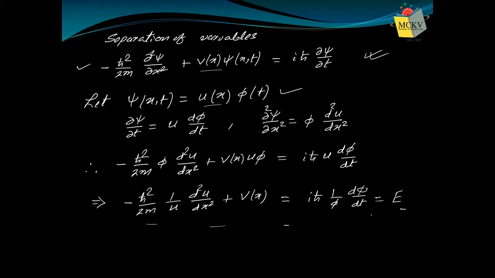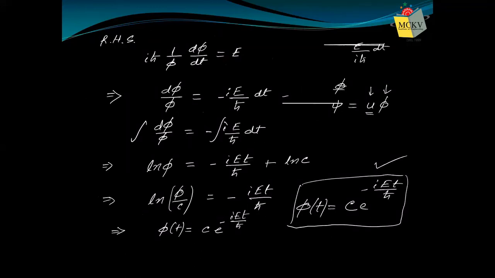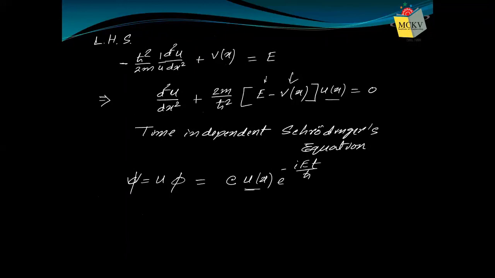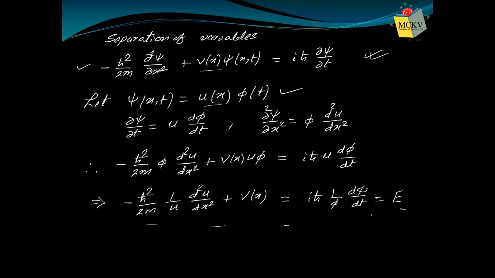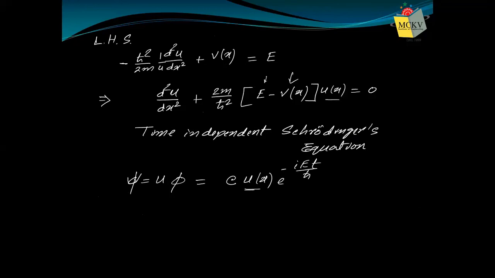The question was not to find phi; it was to derive Schrodinger's time independent equation. So from this, you will just write this left hand side equals energy, that means this portion only. Only a few lines, if you go through the proper process, from time dependent to time independent. This is the process.